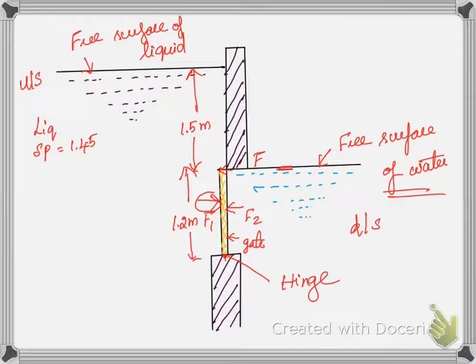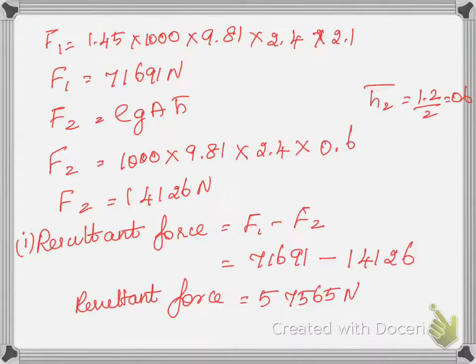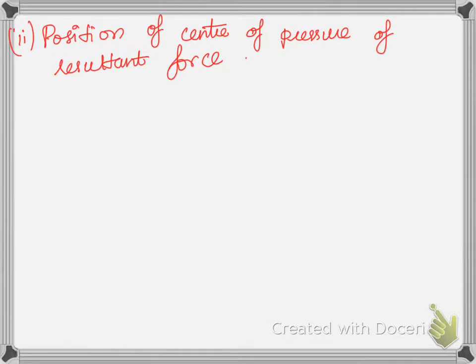From the center of gravity, because here on the upstream side we have to take from the free surface of liquid and on the downstream side we have to take from the free surface of water, there will be H1 star and H2 star. So I will be taking the first case for the force F1. So H1 star will be equal to Ig by A H1 bar plus H1 bar.